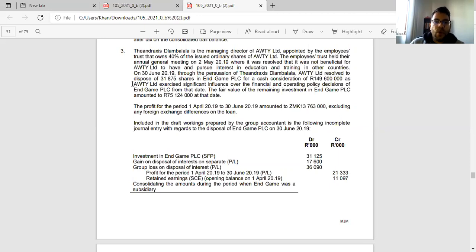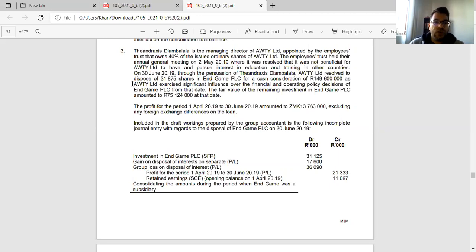So they're telling us the profit for the period from 1 April 2019 to 30th June 2019, that 3-month period, amounted to 13 million, excluding any foreign exchange differences on the loan.